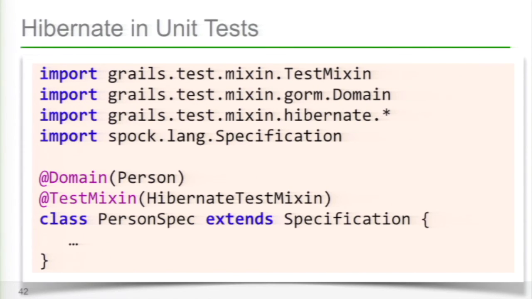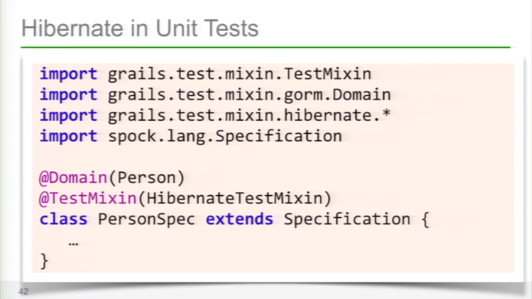That makes sense. And essentially exactly the same for MongoDB. Instead of HibernateTestMixin, you use MongoDbTestMixin, and again that will load up GORM for MongoDB inside the test.